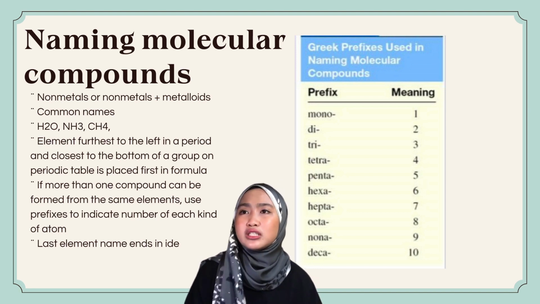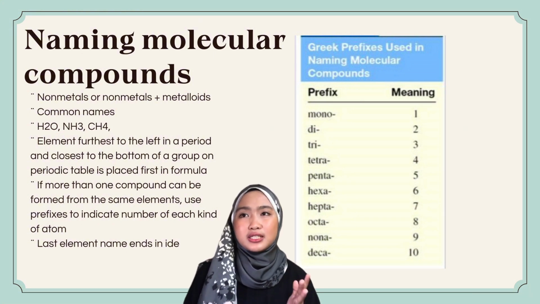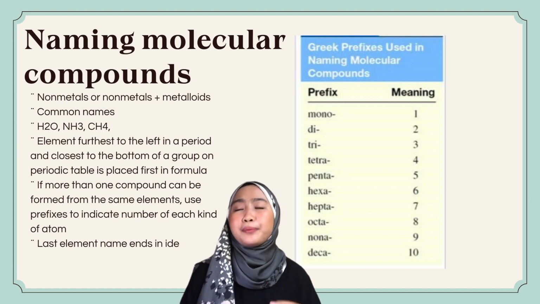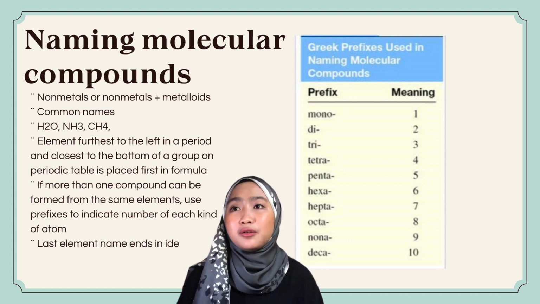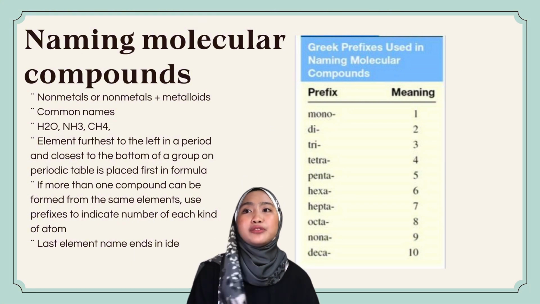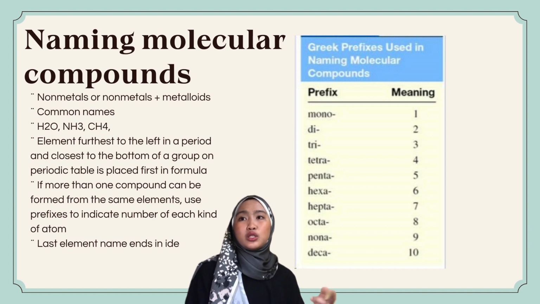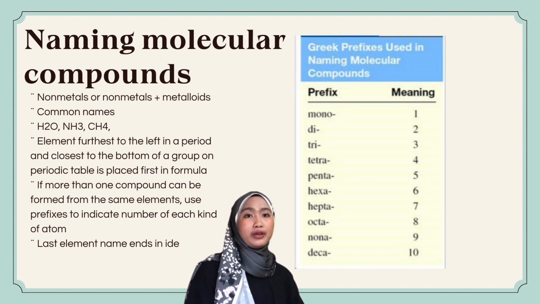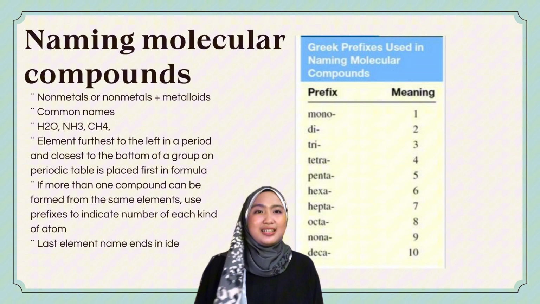For example, H2O and CH4. The element furthest to the left in a period and closest to the bottom of a group on the periodic table is placed first in the formula. If more than one compound can be formed from the same elements, use prefixes to indicate the number of each atom. The last element name ends in -ide.